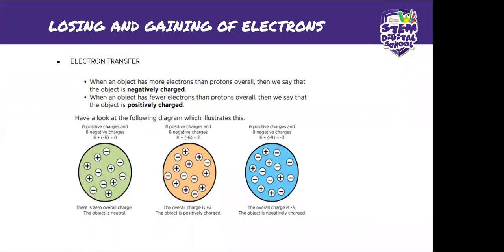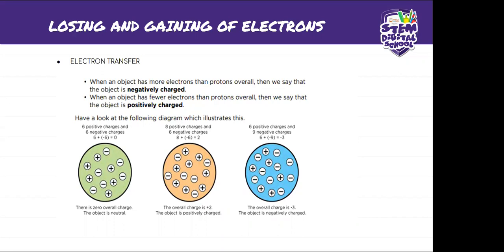So there is 0 overall charge, so that object is neutral. What is a neutral object? A neutral object is an object in which the number of negative charges equals the number of positive charges. So they are all equal, just as we are seeing in this diagram, the 6 negatives and 6 positives. They cancel or neutralize each other.